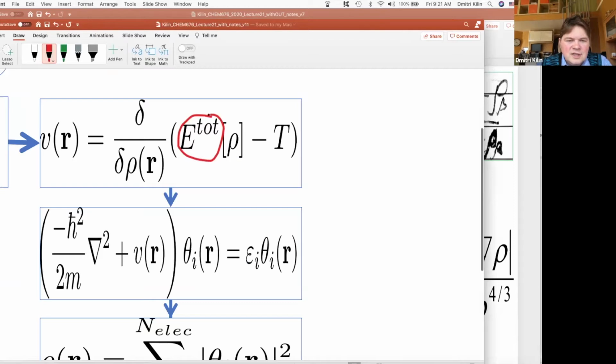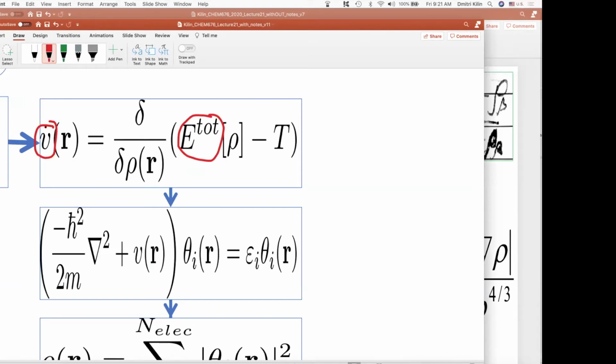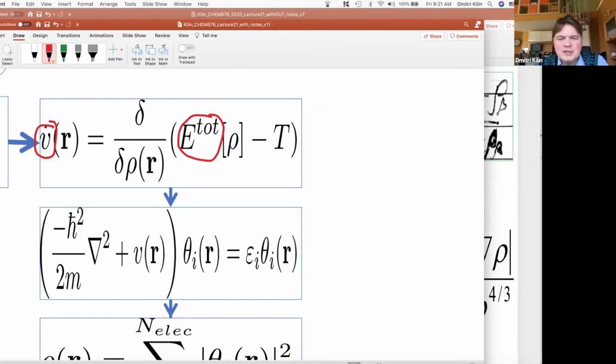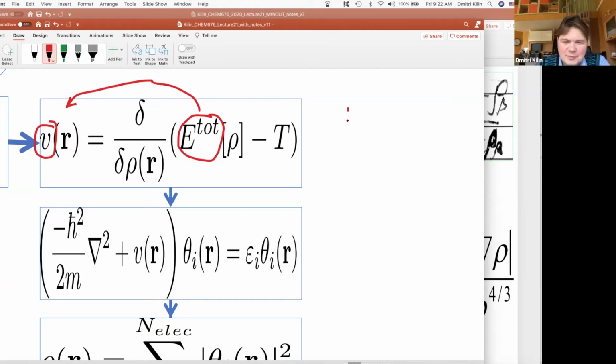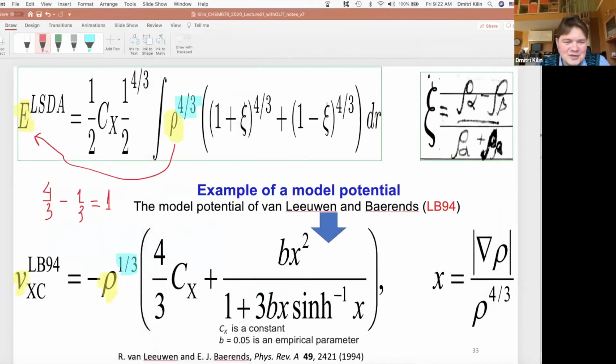So what is the connection between energy and potential? Can you verbalize which operation brings us from energy to potential? Derivative. Yes. Partial derivative. Functional derivative. So a typical derivative is d, a partial derivative is this flipped 6, and a functional derivative is delta. Thank you very much, Sarah.